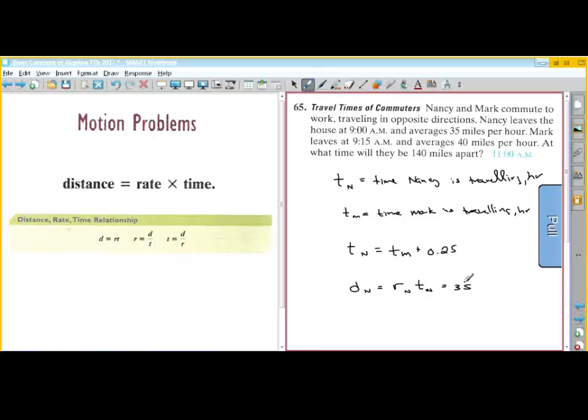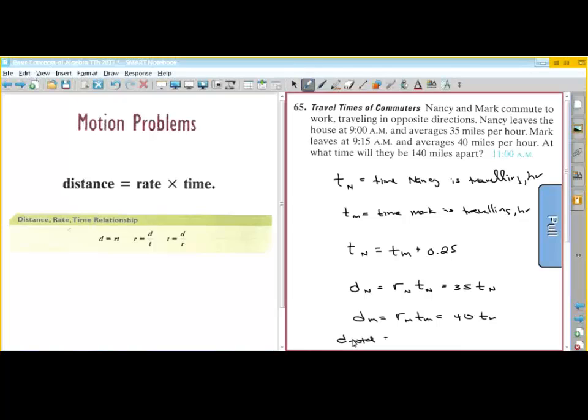If I use hours, I'm going to leave the units off here, and as long as we do miles and hours and we're consistent, we're okay. So it's going to be 35 times the time she travels. And the distance that Mark travels is going to be the rate that Mark travels times the time that Mark travels. So his rate is 40 miles per hour times the time that Mark travels.